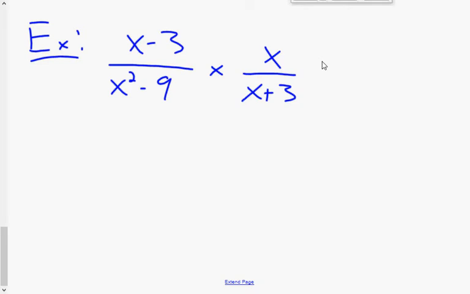Okay, so here I have two rationals. I've got to simplify everything. Can I simplify x minus 3? No, don't try canceling anything out. Just try to make it into multiple brackets. So that stays the same. X squared minus 9 is a difference of squares.